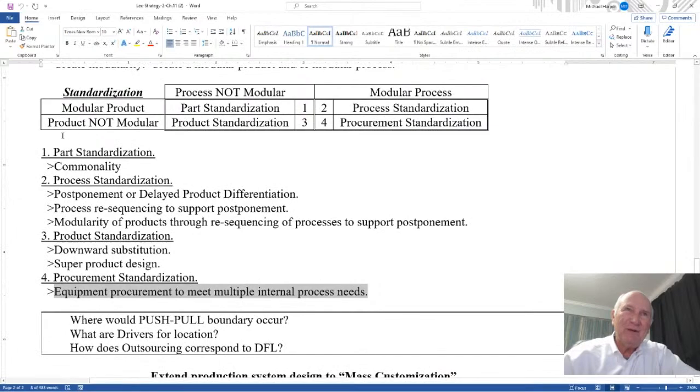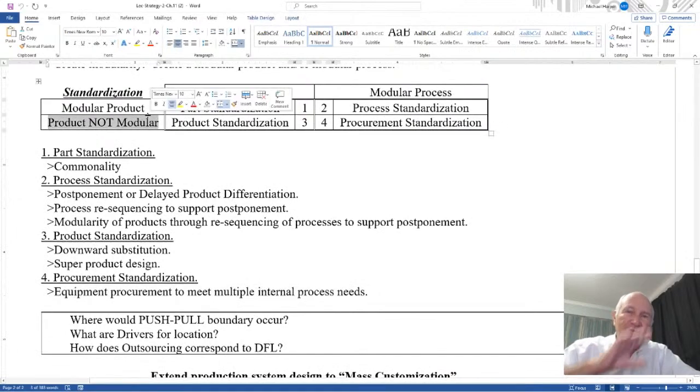The product was not modular; it was custom products for custom trailers for clients, customers, and so it was very costly. The cycle time was very, very large.